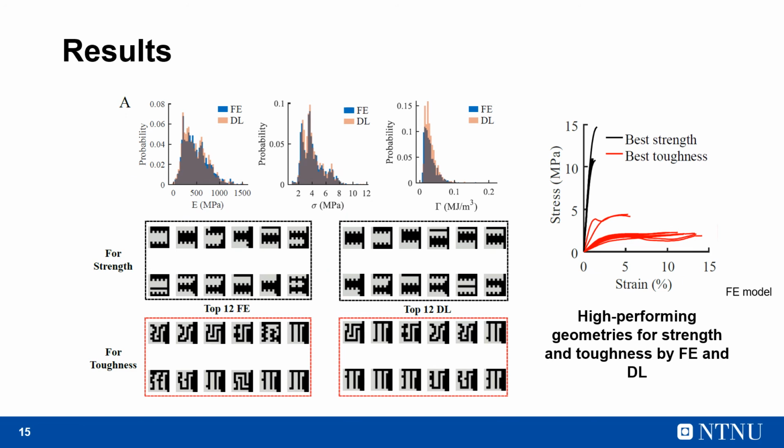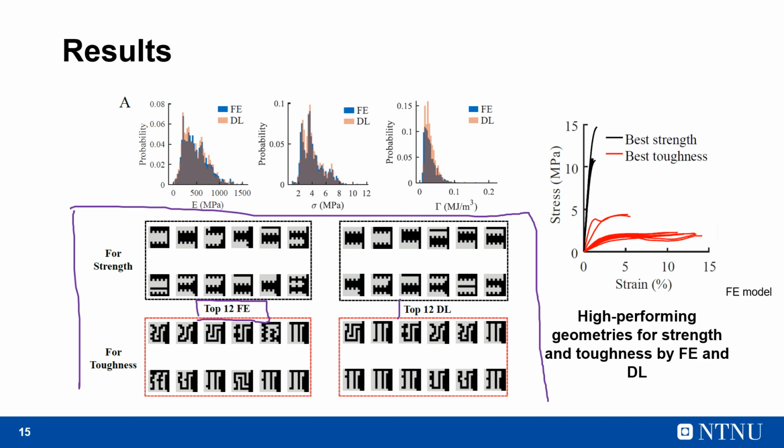And then here, just consider this block here, and you can see that we compare the top 12 performing geometries from the finite element simulations and the top 12 performing geometries from the deep learning model. We did that for the strength and for the toughness.